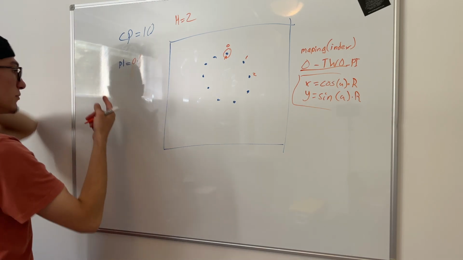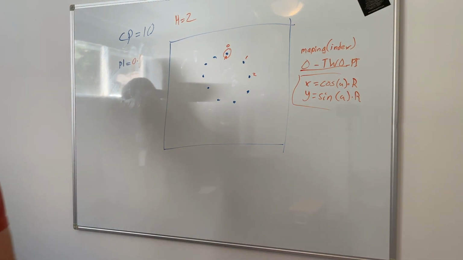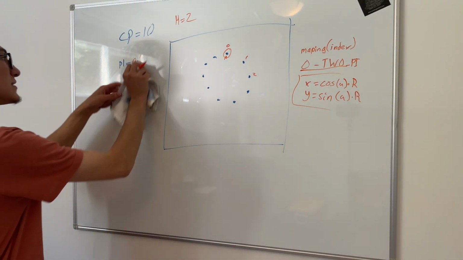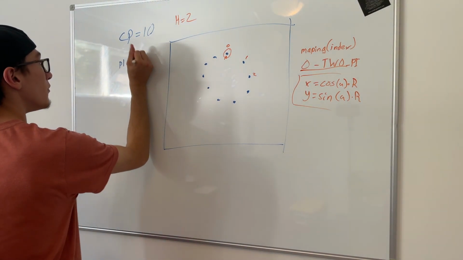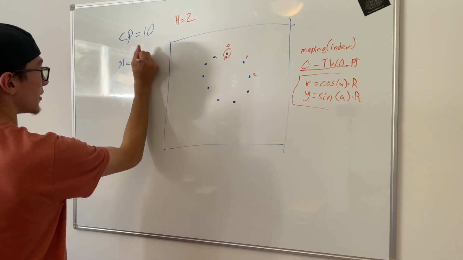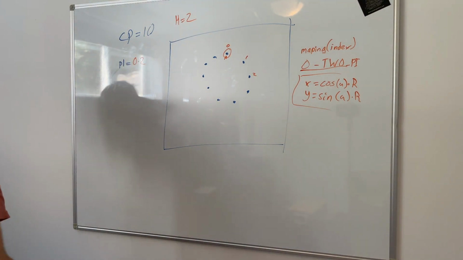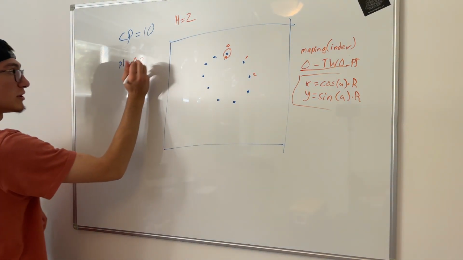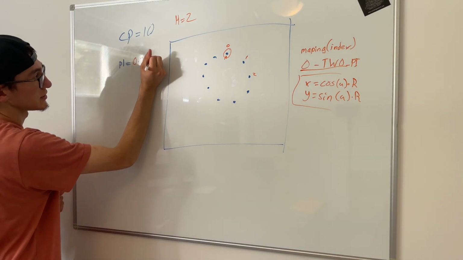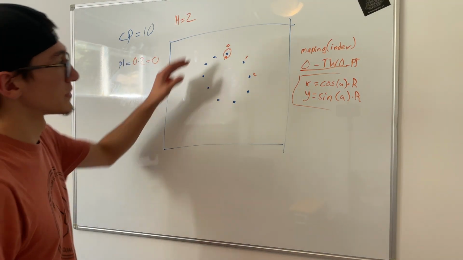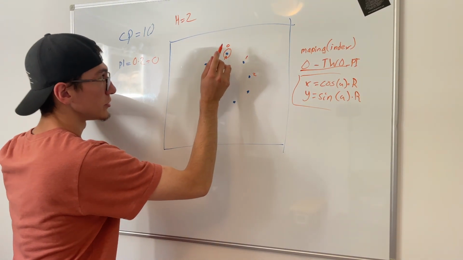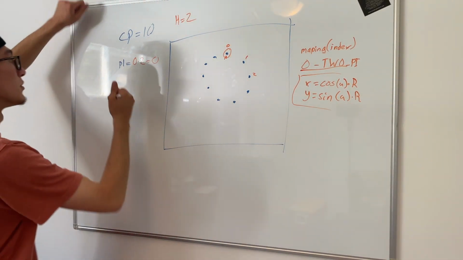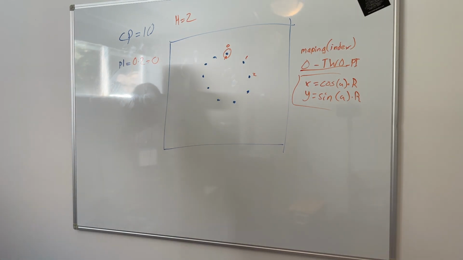So in our case, we multiply by 2. Let me erase this. We multiply the index by 2. That will give us a new index. In this case, it's the same. So we don't do much. It would be a line from this point to the same point, basically. But let's go to P2 and so on, right?